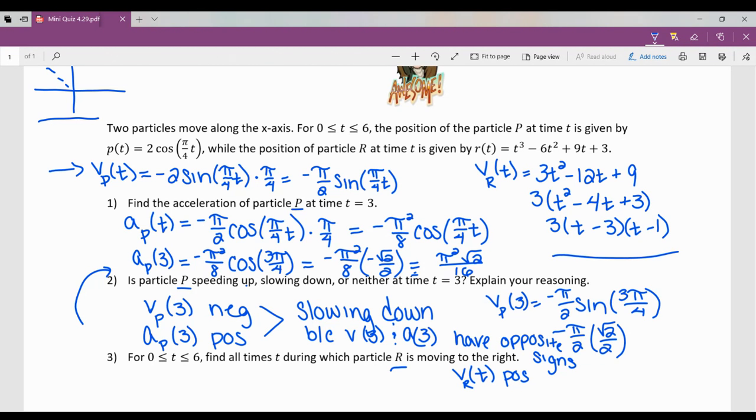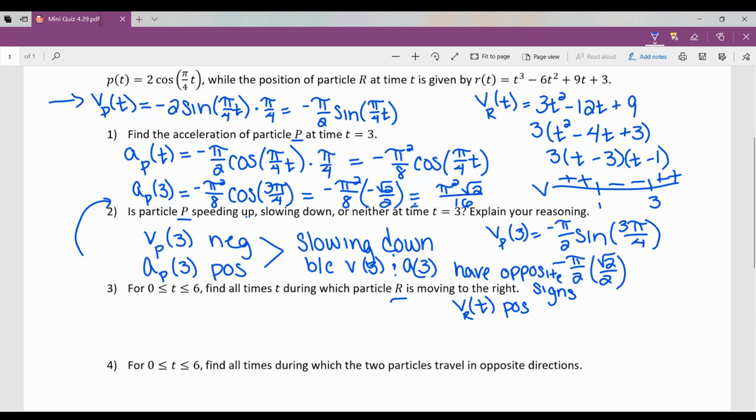So my velocity is going to be 0 at 1 and at 3. And it will be, if I pick 0, that would make it positive. If I pick one in between, 2, that would make it negative. If I pick one bigger than 3, 4, that would make it positive. So the particle is moving to the right.